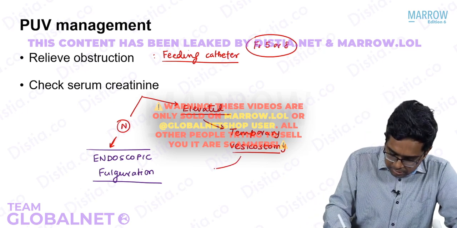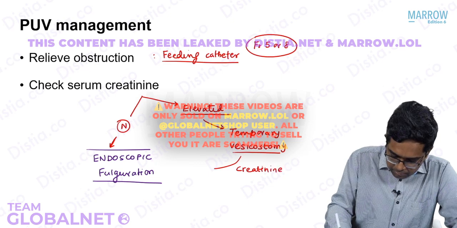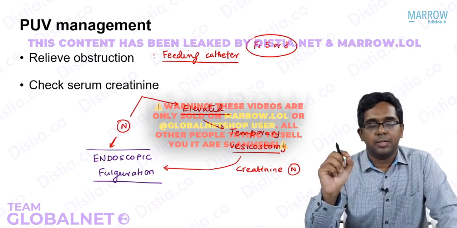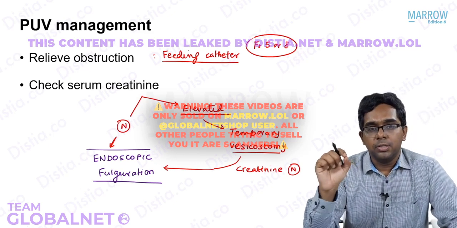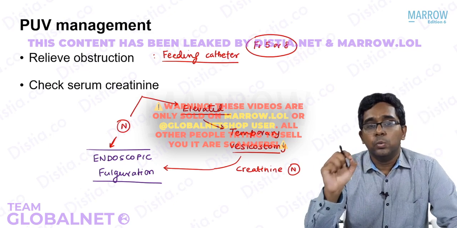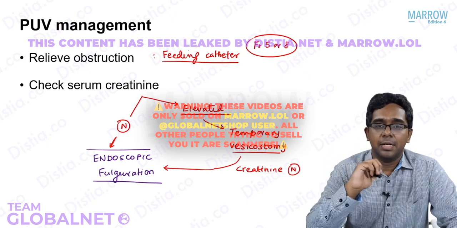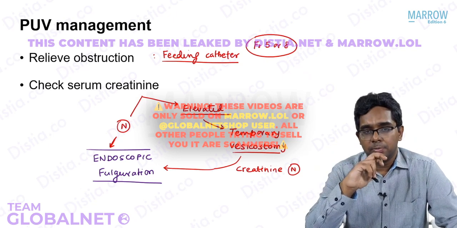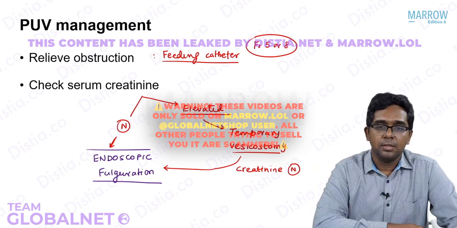Once the serum creatinine levels become normal, then again you have to go for the definitive treatment, that is endoscopic fulguration. The most important point to note is endoscopic fulguration can only be done after the serum creatinine level becomes normalized. That is about the second condition of obstructive uropathy, which is posterior urethral valves.